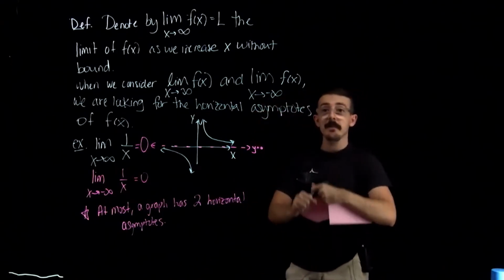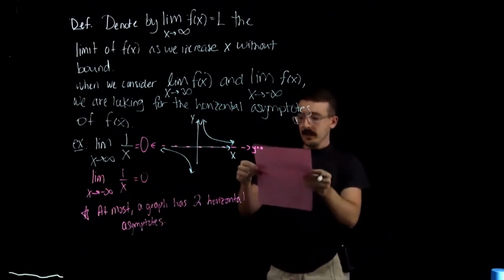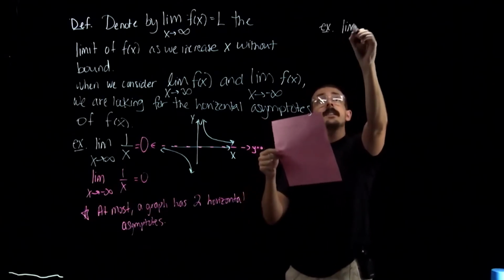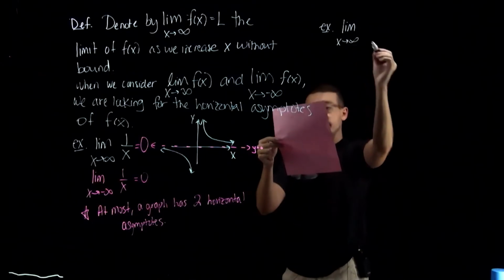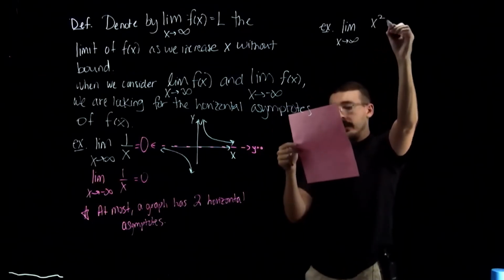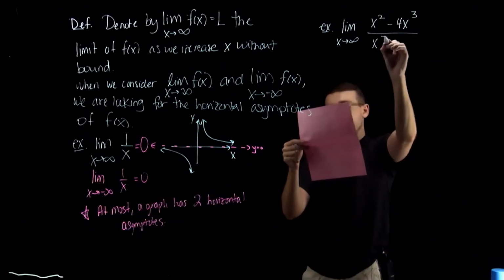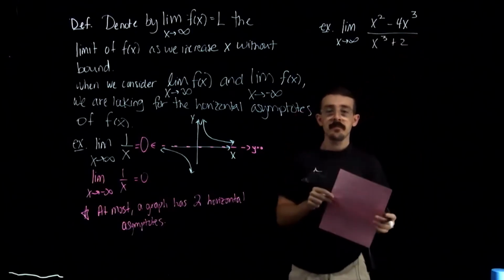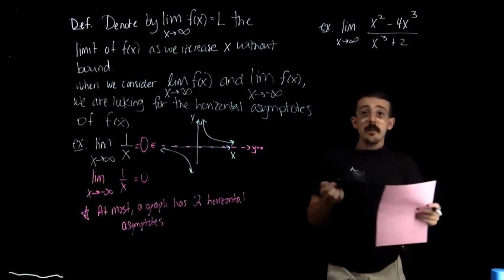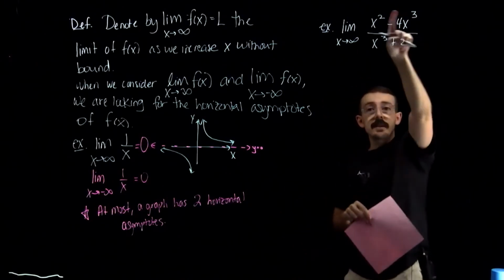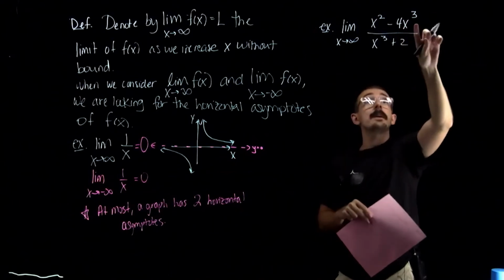Let's look at a different example. Let's look at the limit as x goes to infinity of x squared minus 4x cubed over x cubed plus 2. So here, if we were to plug in a very large number, the largest power we'd be dealing with would be x cubed.